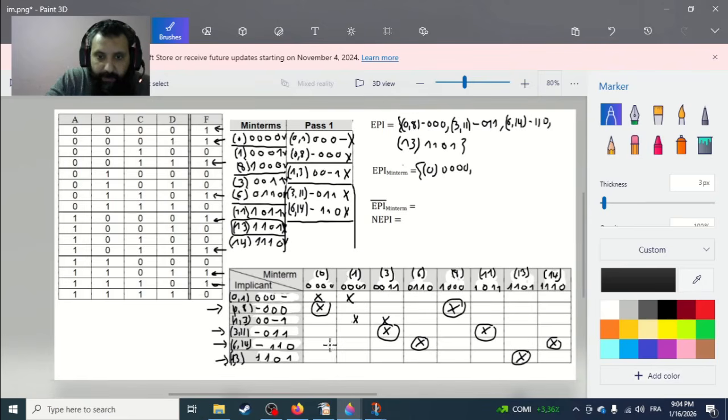Yes, we can say the value 3 is also covered by a prime implicant. We have the 6, the 8, and the 11.